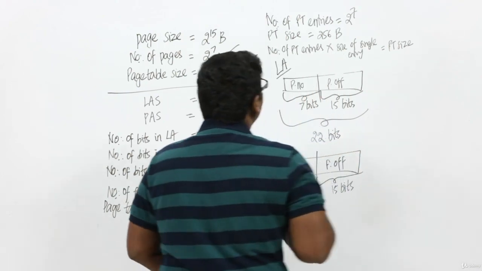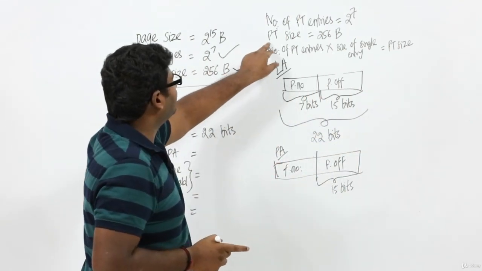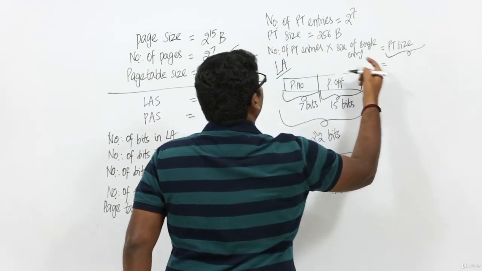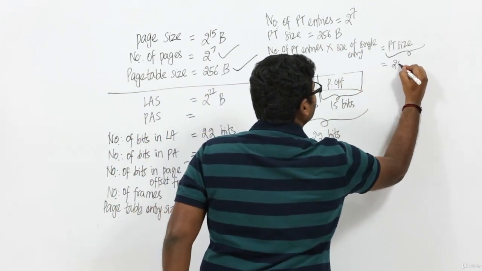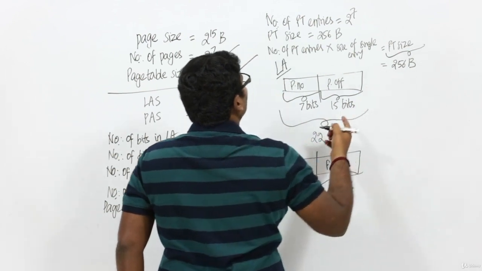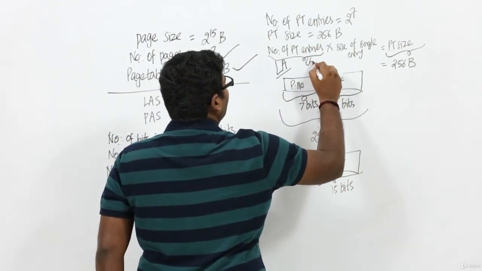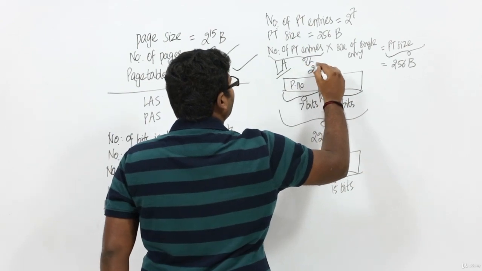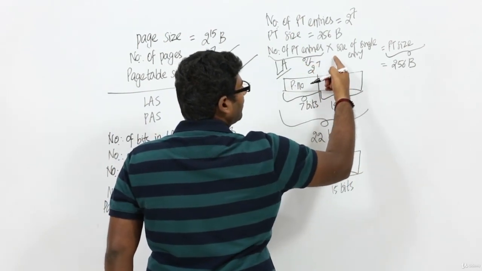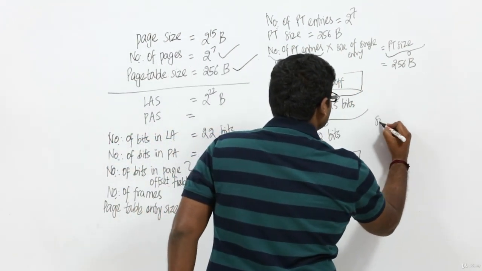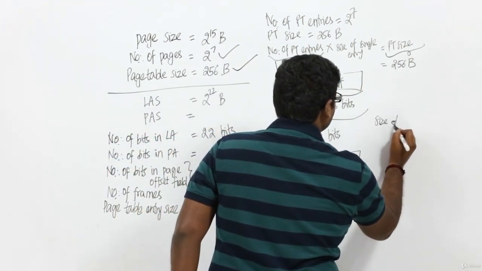Now they have given the page table size, which means they have given this part, which is nothing but 256 bytes. Also they have given the number of page table entries, this part, and it is nothing but 2 power 7. Now from this, can we calculate this thing? We can calculate the size of a single entry.